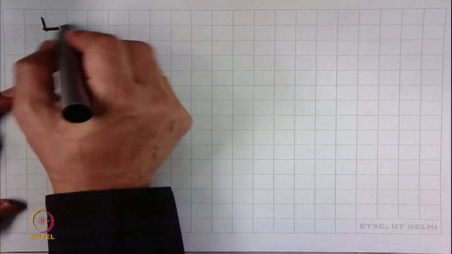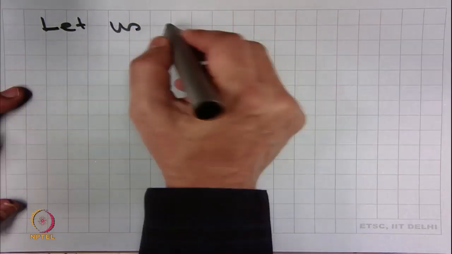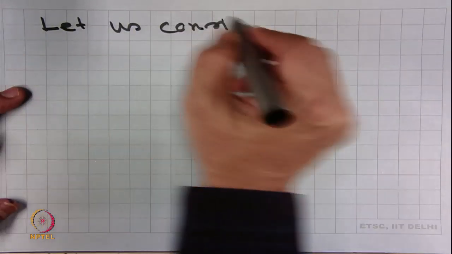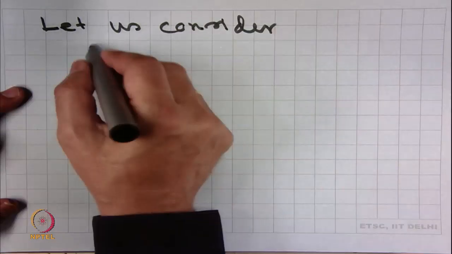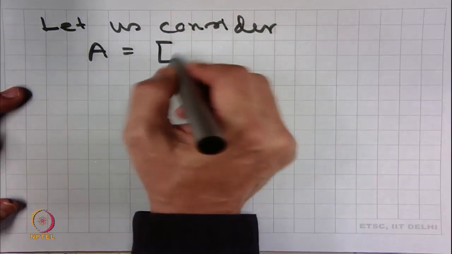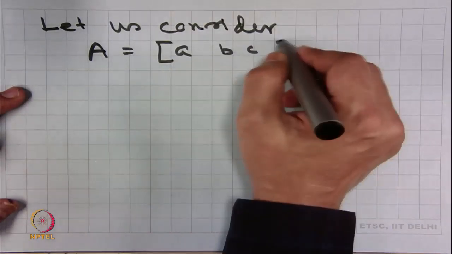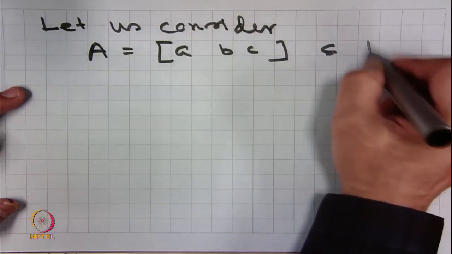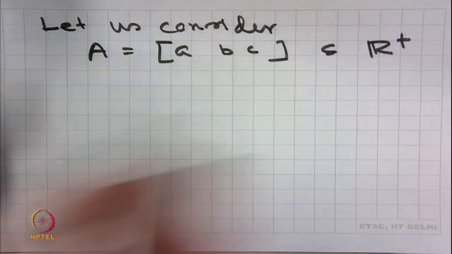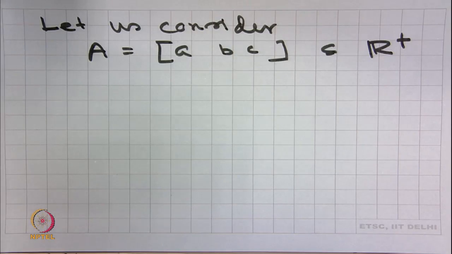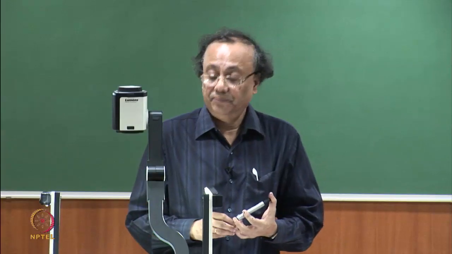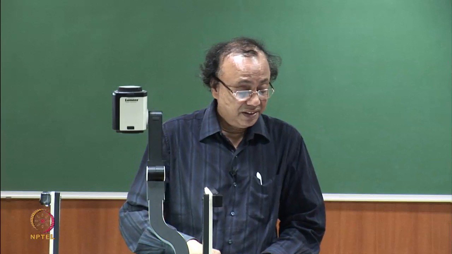So, let us consider A is equal to (a, b, c) belonging to R plus. That is, all a, b and c are positive real numbers.